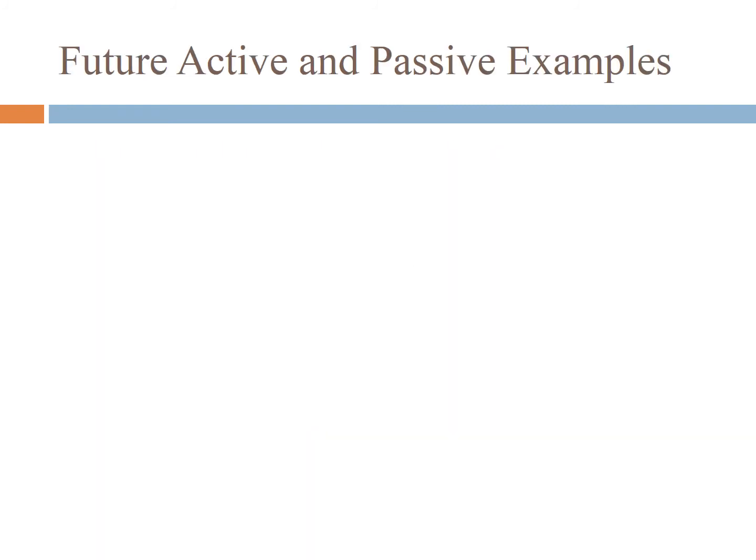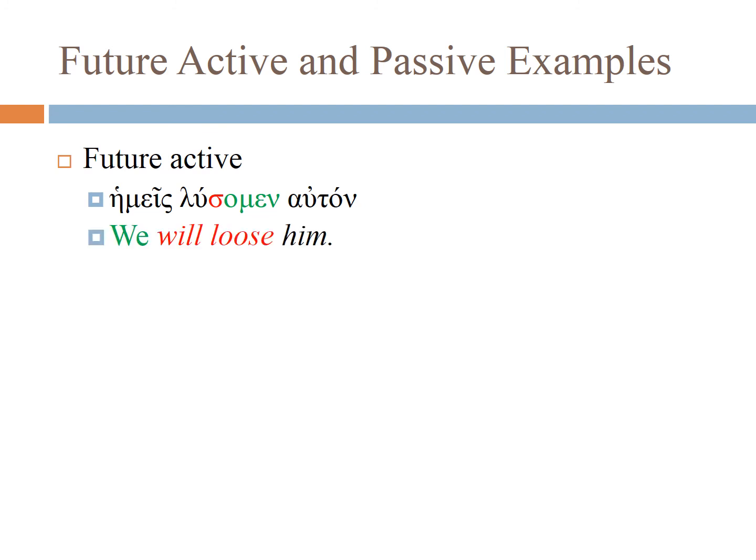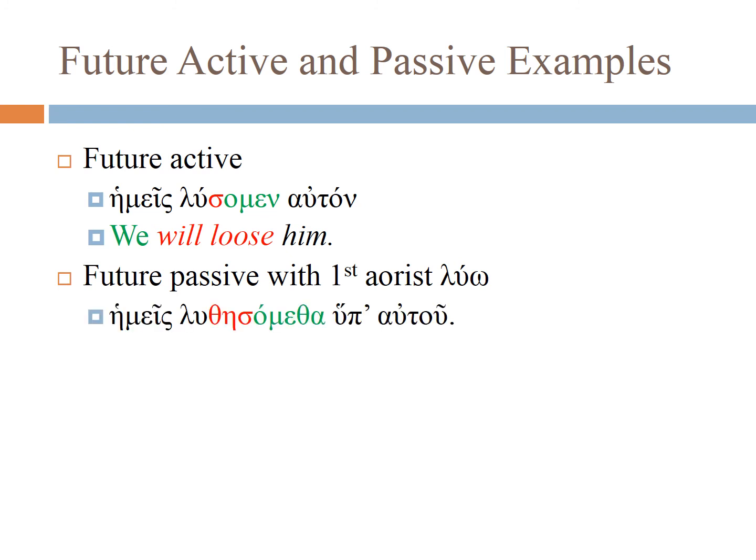Future active and passive examples. Future active: ἡμεῖς λύσομεν αὐτόν. We will loose him. Future passive with the first aorist, λύω: ἡμεῖς λυθησόμεθα ὑπ' αὐτοῦ.